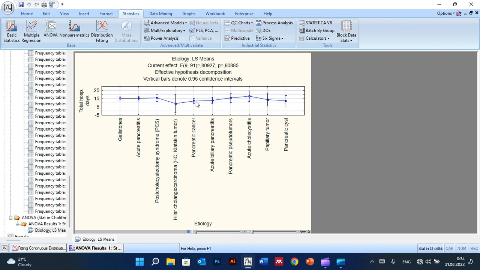It is going up and down. So approximately the mean is 15 days, the total hospitalization days according to the etiology.